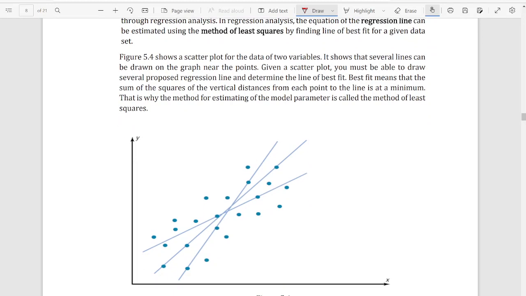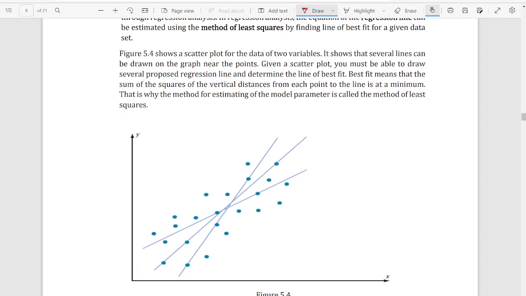So in this case, all these three lines dalam gambar ni dipanggil sebagai regression equation line. However, there is one line that is what we call the best linear unbiased estimate line. Okay, so the best linear unbiased line, using the method of least square. Kita panggil sebagai BLUE, best linear unbiased estimate.